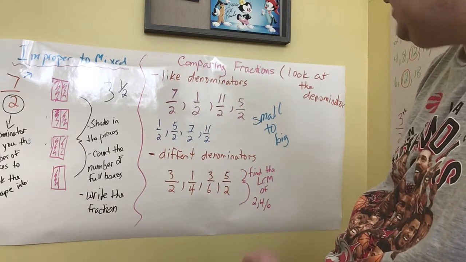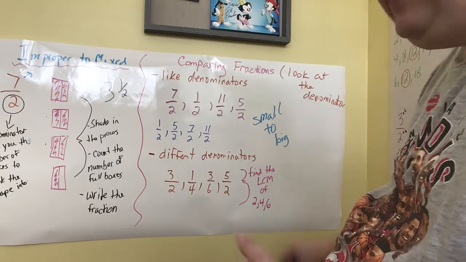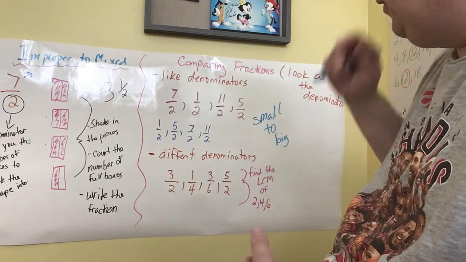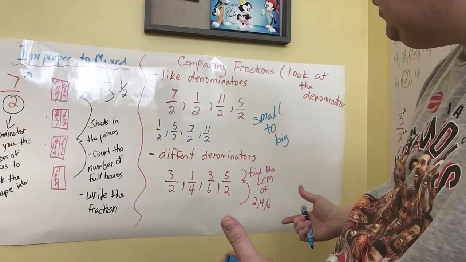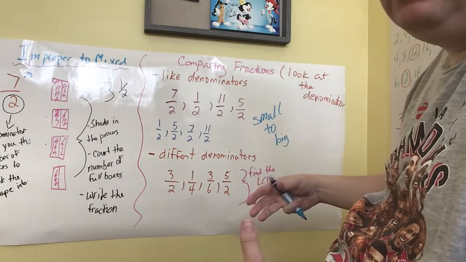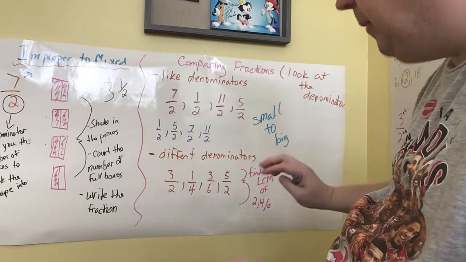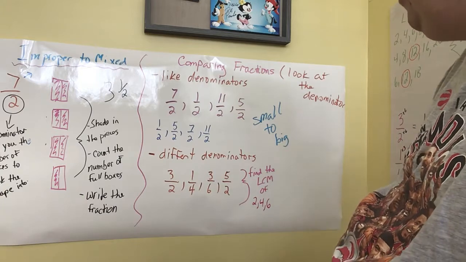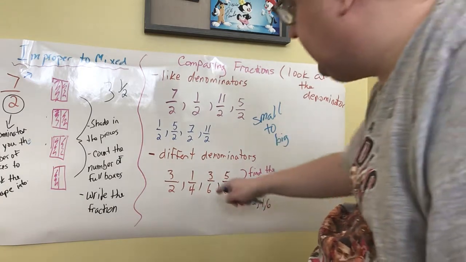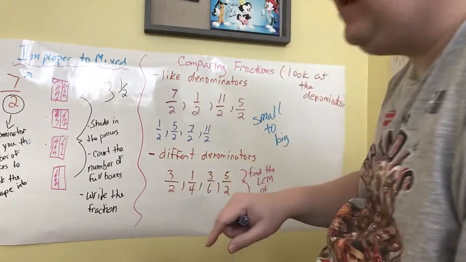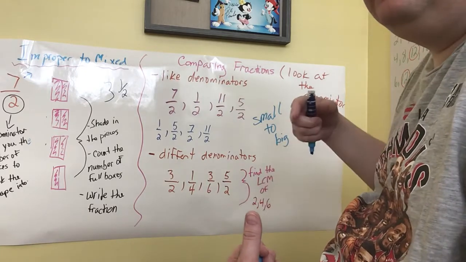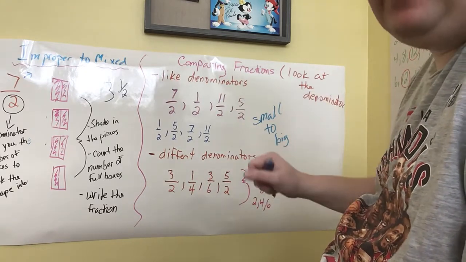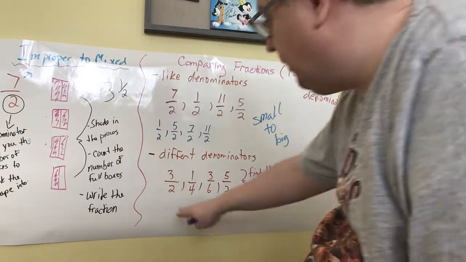Okay? Some of this you can do in your head, or just by glancing at the question, I think you can figure out which is the smallest. But you have to be careful, and you don't want to automatically assume that a fraction that has 1 as a numerator is the smallest fraction, because you have to compare the denominators.